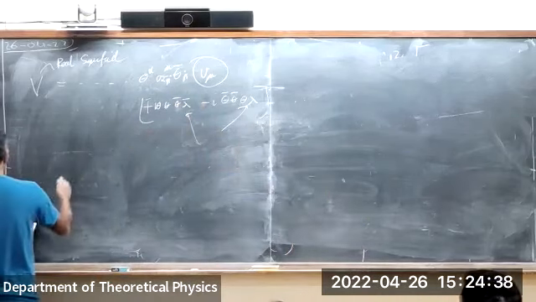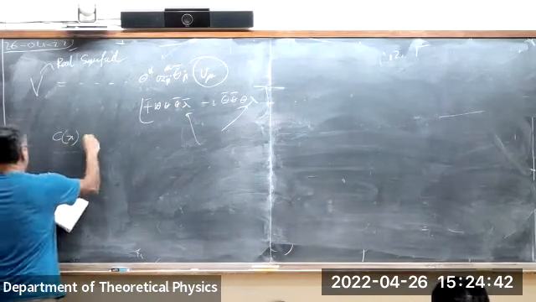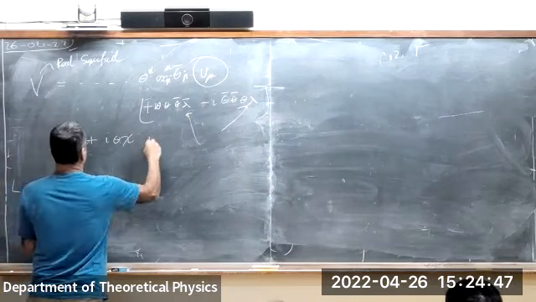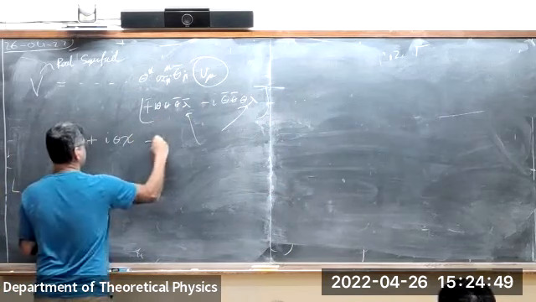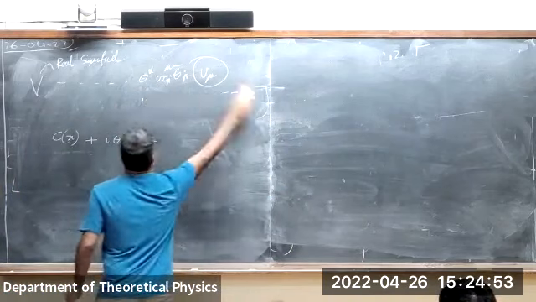So for instance, let me write down the first few terms. There's some c of x. This is a term with no thetas. Plus there is i theta chi. Okay, let me just write out the whole thing.